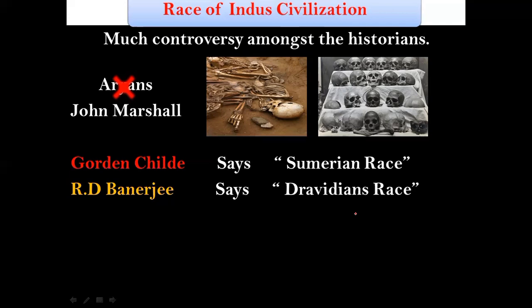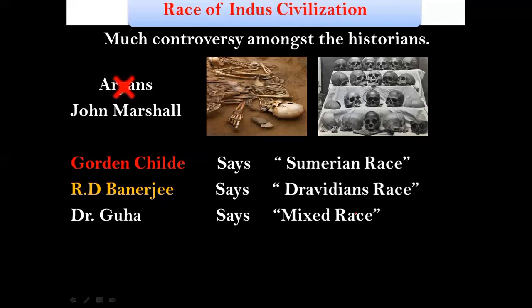Therefore, looking at all these different opinions given by different scholars with regard to the race of the Indus Valley civilization, Dr. Guha concluded that the people who existed during this civilization were a mixed race. We should keep in mind that there is great difficulty in ascertaining the race to which the people of the Indus Valley civilization belong.